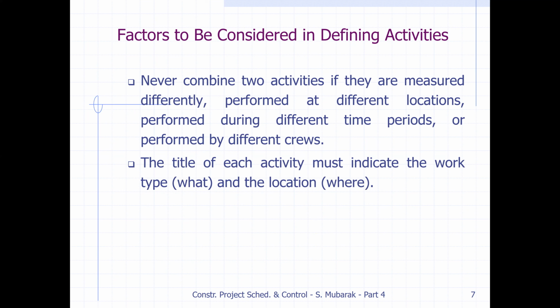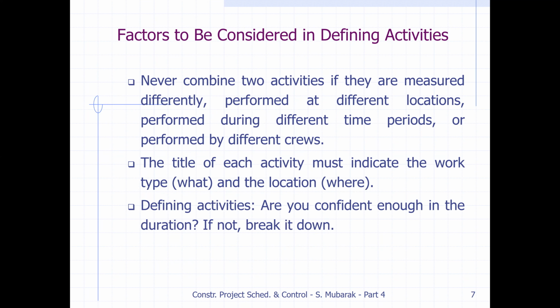The title of each activity must indicate the work type and the location. So what is the activity and where is its location. From the name of the activity, we should be able to understand it. As a planning engineer, you need to be careful about these things.